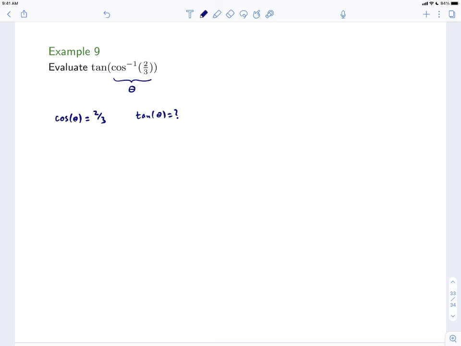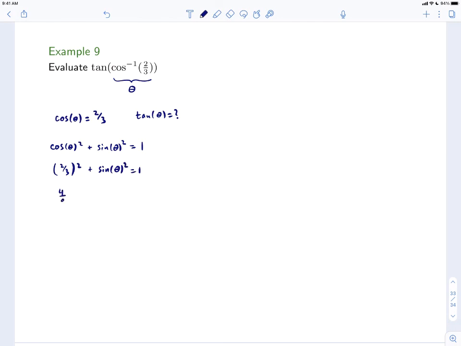So we know that cosine of theta is 2/3. Let's figure out what sine is. Well, again, we can use the Pythagorean identity. Cosine of theta squared plus sine of theta squared is equal to 1. But we know what cosine of theta is. So 2/3 squared plus sine of theta squared is equal to 1.